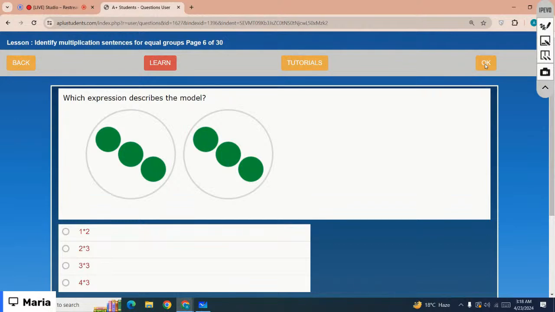Which expression describes the model? Which is the correct option? Yes, that is 2 times 3, the correct option.